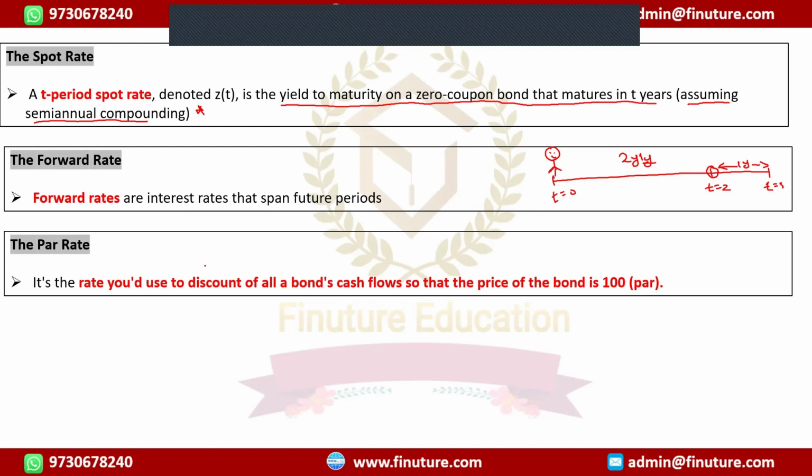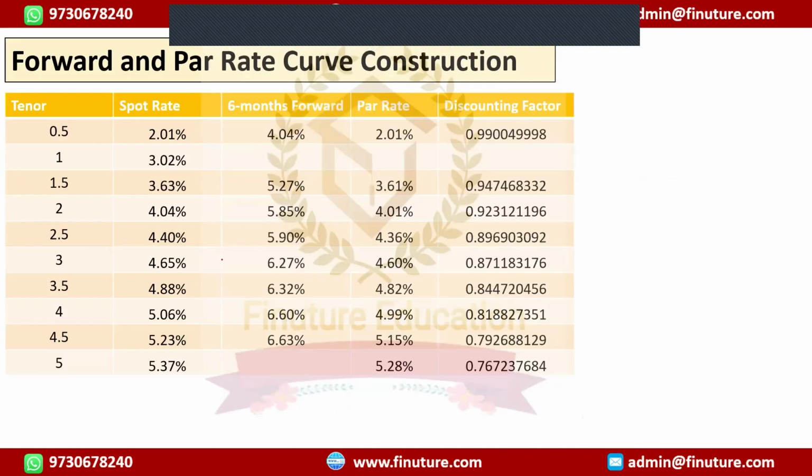It's important that you understand the mechanics of the calculation well. We will try to cover this in the next slide, but still some background is needed. This is a table that you may see in your book, and usually you are just given the spot rates. This is the tenor, this is the spot rate, and these are derived.